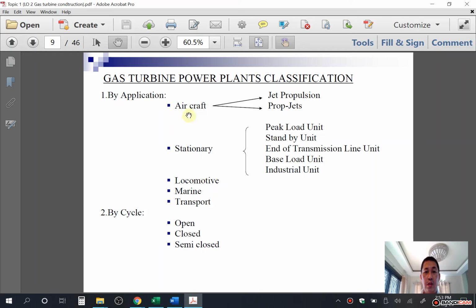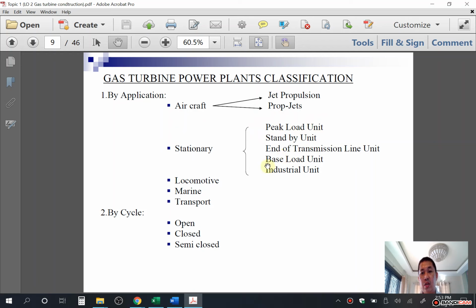Turbine engine is used for aircraft, jet propulsion, propeller jets. In stationary use, there are peak load units, standby load units, and transmission line.